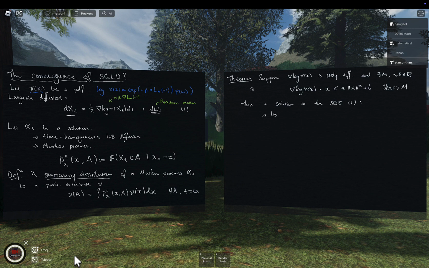So it's non-explosive. By this we mean it just doesn't reach infinity in finite time. And I'll just say it has other nice but technical properties.